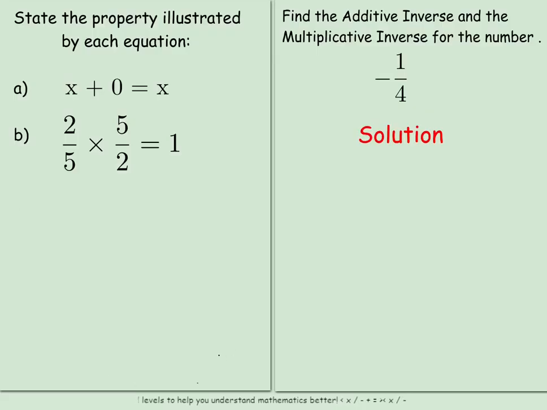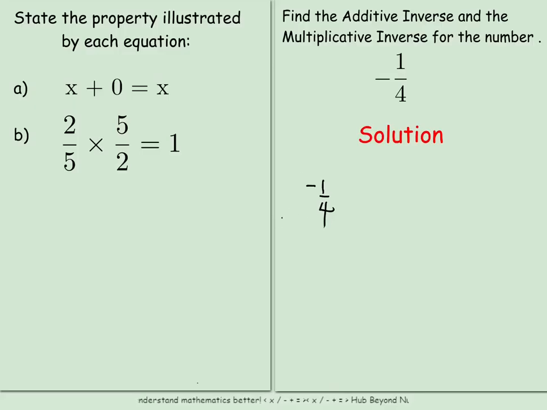It says, find the additive inverse and the multiplicative inverse for the number negative 1 over 4. So we have negative 1 over 4. All right. And then the additive inverse is such that if you add it to the number, you are going to get what? A 0. That is the additive identity.